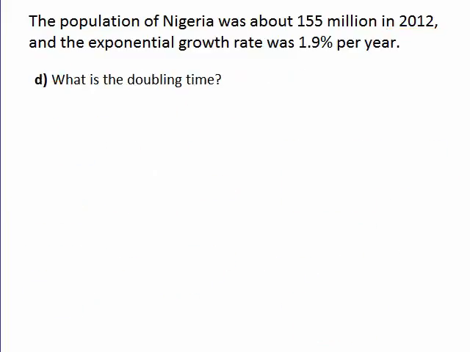Part D wants to know, what is the doubling time? Meaning, when will the population double? So we could start with the 155 million here, e to the 0.019t, and know that it's going to double, so this will become 310.